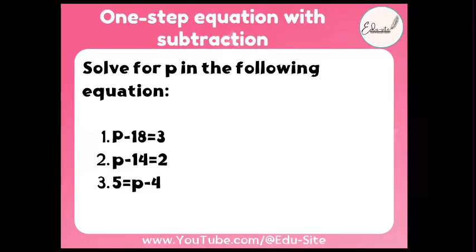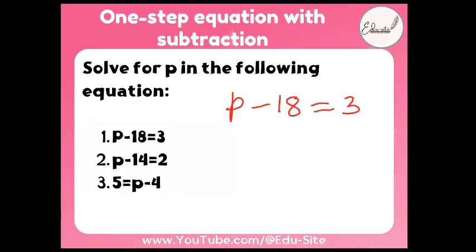So the next, we are dealing with the subtraction. One-step equation with subtraction now. So p minus 18 is equal to 3. This is the question. How will you solve this down, beta? What you have to do here? If it's minus, then you have to do plus 18.